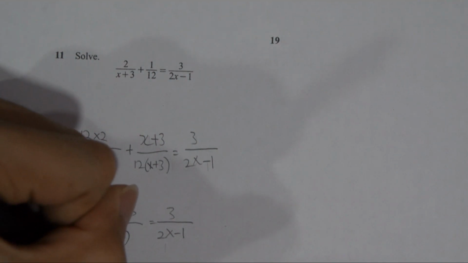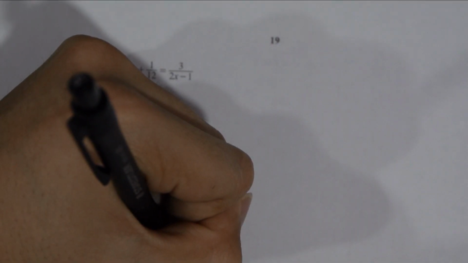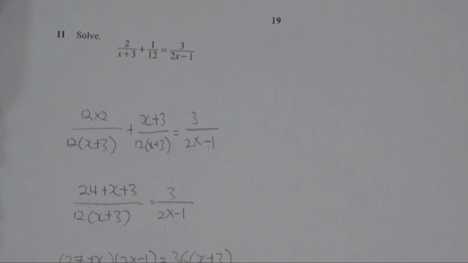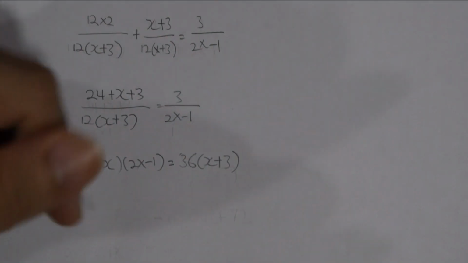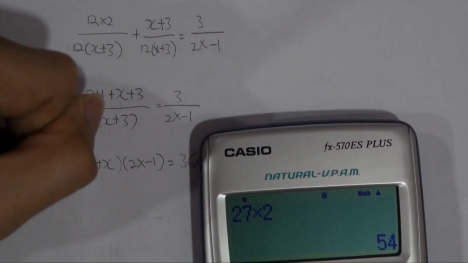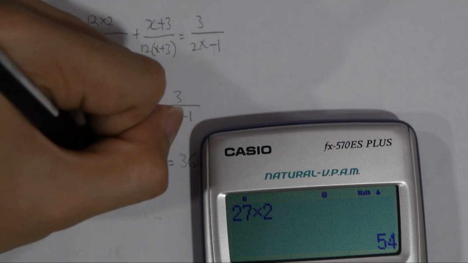I change their denominators into the same. After I run the calculation, I get 27 plus x over 12 bracket x plus 3 equals to 3 over 2x minus 1. From there, you just do your usual cross multiply, then you will be able to find the answer.